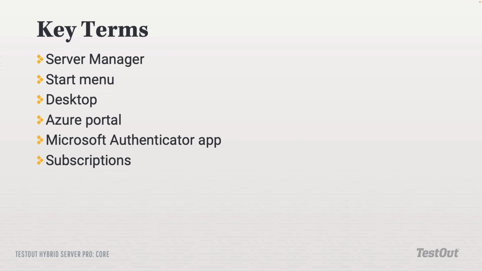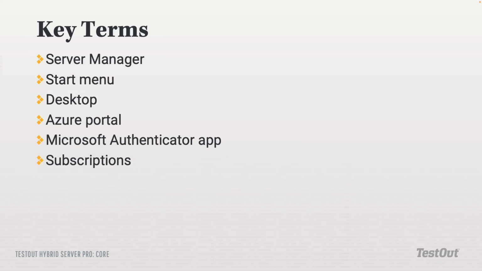One thing you might not be familiar with is the Microsoft Authenticator app. I'm sure for your Steam key, when you try to log in, you get either a text message or Steam has the app that has the code that you have to put in. Anything that you get sent a text message for a code, that's dual factor or multi-factor authentication. Through Microsoft, they have the Microsoft Authenticator app. So with Azure, when you're making changes and stuff like that, they want this to be a very secure environment, right?